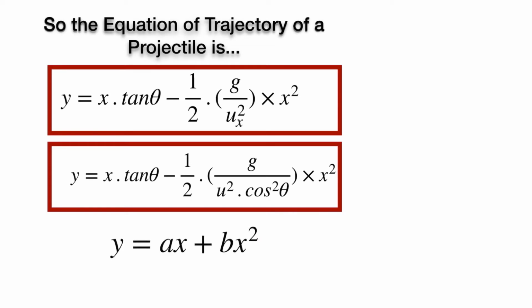This equation is of the form y is equal to ax plus bx square, and this equation represents a parabola. So the projectile path is a parabolic path.